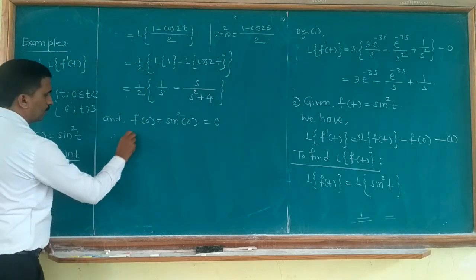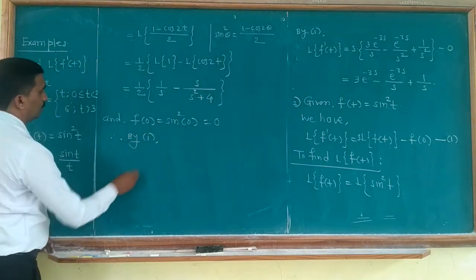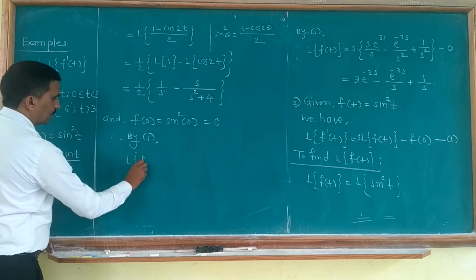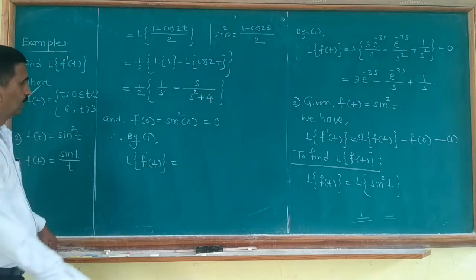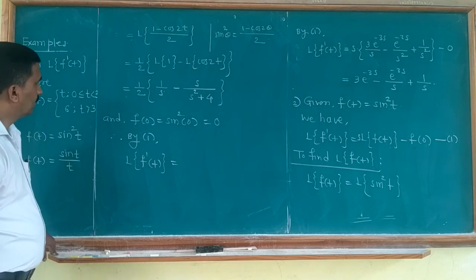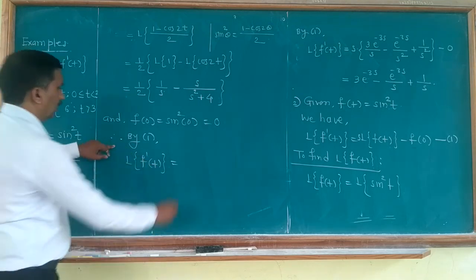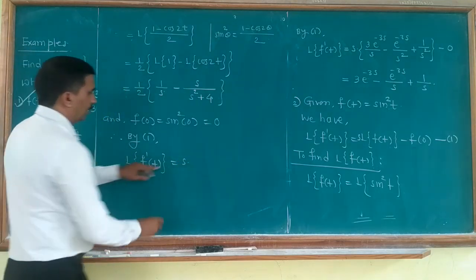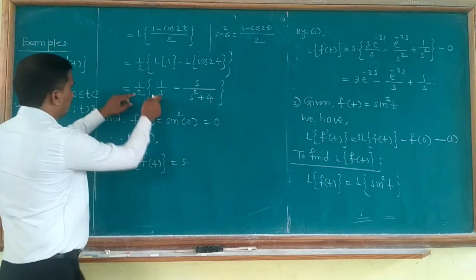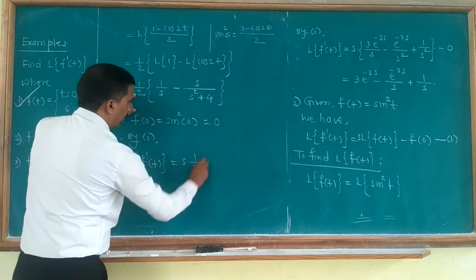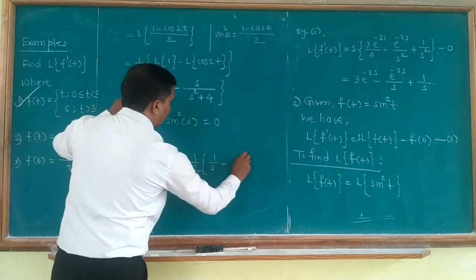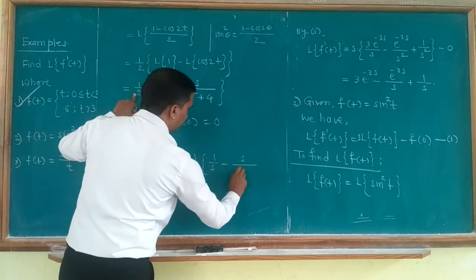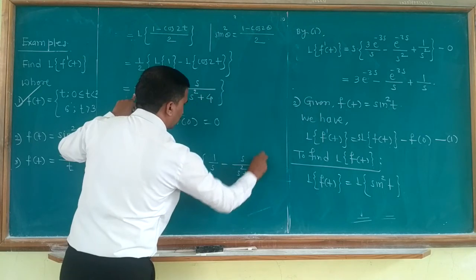So therefore by 1 we get Laplace transformation of f dash t is equal to s into, we just put the value of Laplace, so it is 1 by 2 into 1 by s minus s divided by s square plus 4.